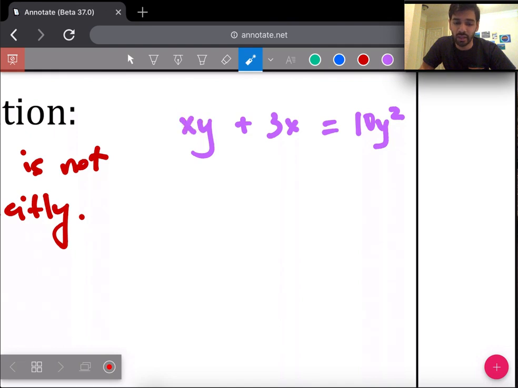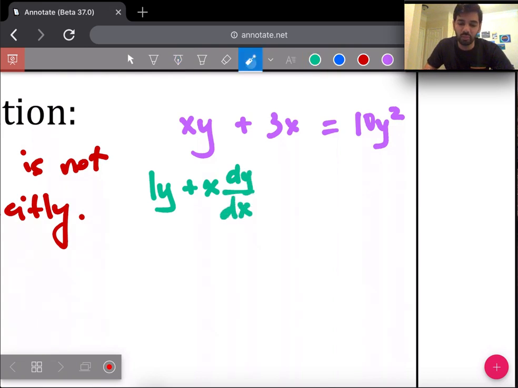The derivative of x is just 1 times the second, so 1y, plus the derivative of the second times the first. The first is just x, and the derivative of y you can write in two different ways. You can either write y prime, or you can write it as dy dx. Either way, this is a placeholder for the slope. The derivative of y is dy dx, or y prime.